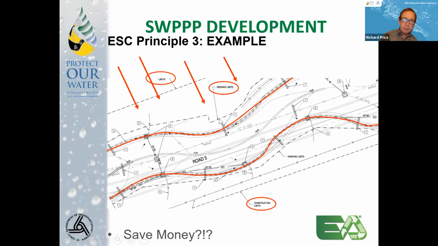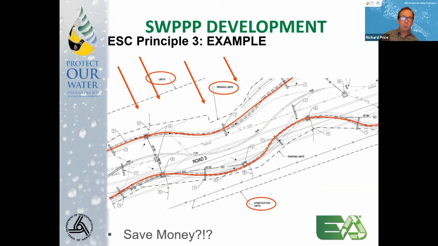And then this next dashed line is the grading limits. So you have all this offsite water flowing into your disturbed soil inside the grading limits, and then into the swale. So by the time it gets to the swale, it's already yours. You own it, and it's probably carrying sediment that it picked up, because there's a huge volume of water coming across your disturbed soil and into that swale.